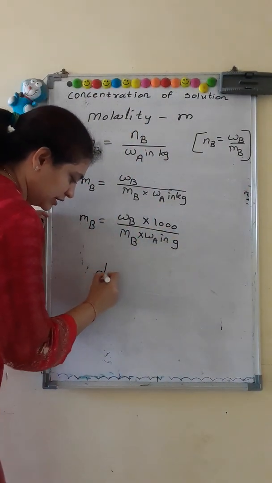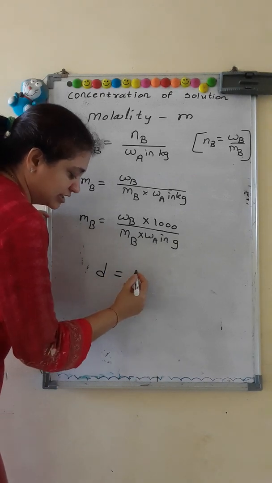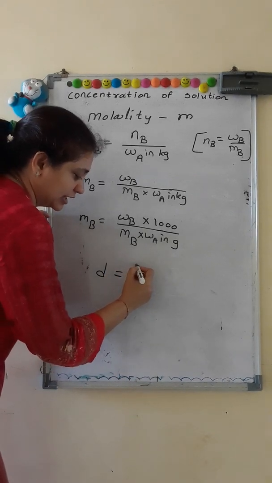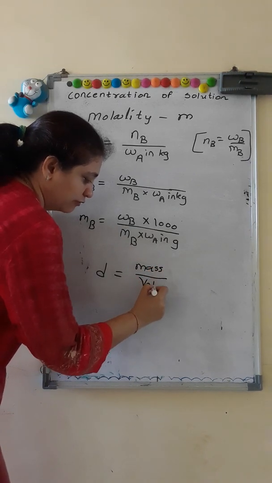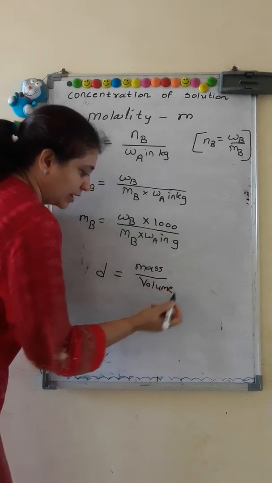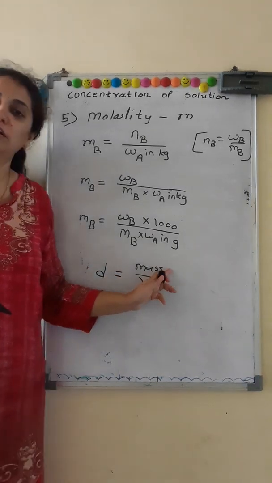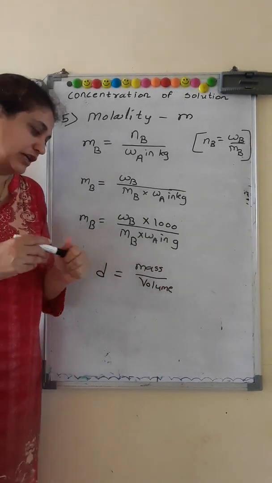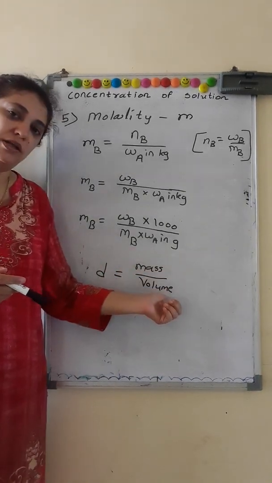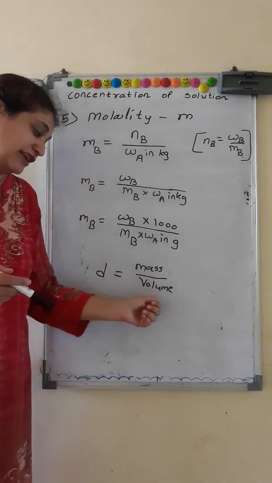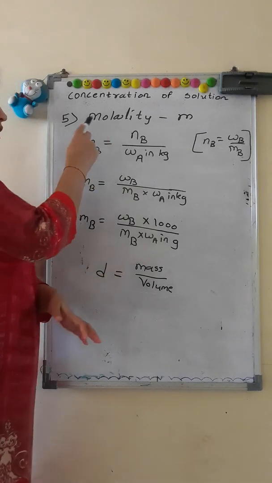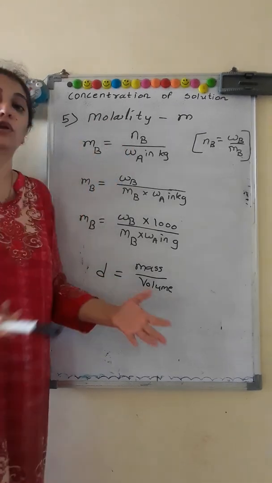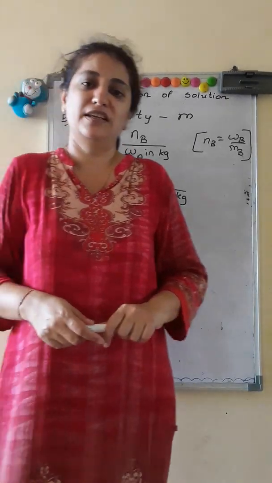So with this you need to remember one more formula, that is density of solution can be calculated as mass of solution upon volume of solution. Okay. So if you are given mass, you can calculate volume if density is provided, and if you are given volume, you can calculate mass if density is provided. So you can also calculate molarity and molality if any one term is given.